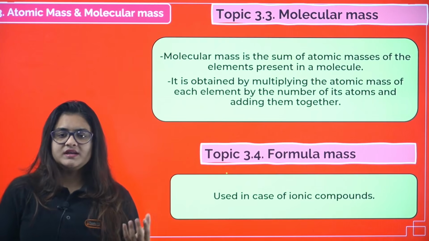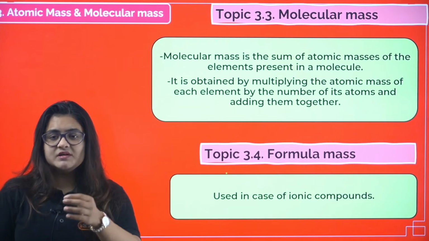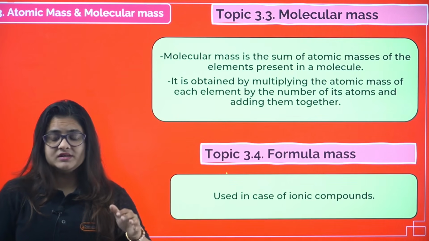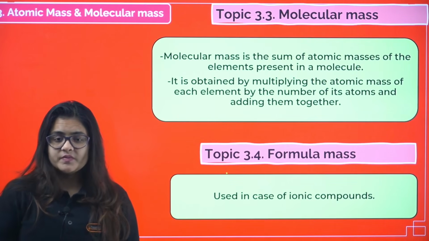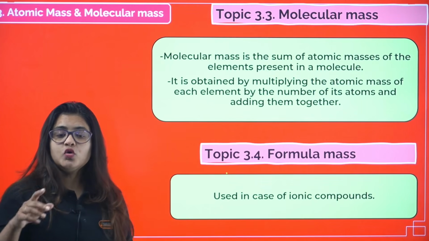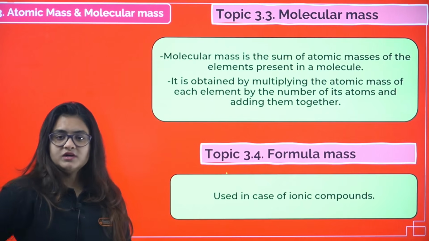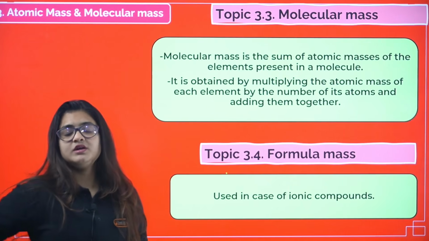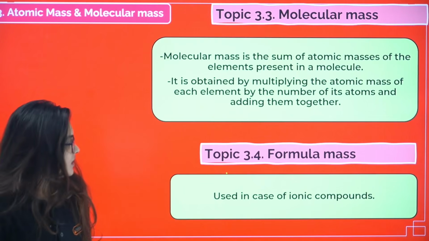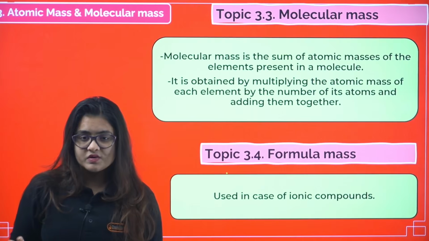It is obtained by multiplying the atomic mass of each element by the number of its atoms and adding them together. Let's say I have H2O. In H2O I have 2 hydrogens, so you multiply 2 with the atomic weight of hydrogen, plus oxygen. That will give you the molecular mass. That's it. Next, formula mass. This is used in the case of ionic compounds.